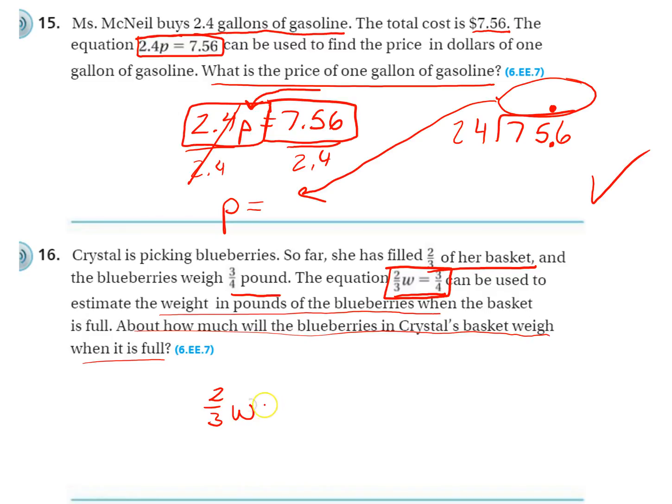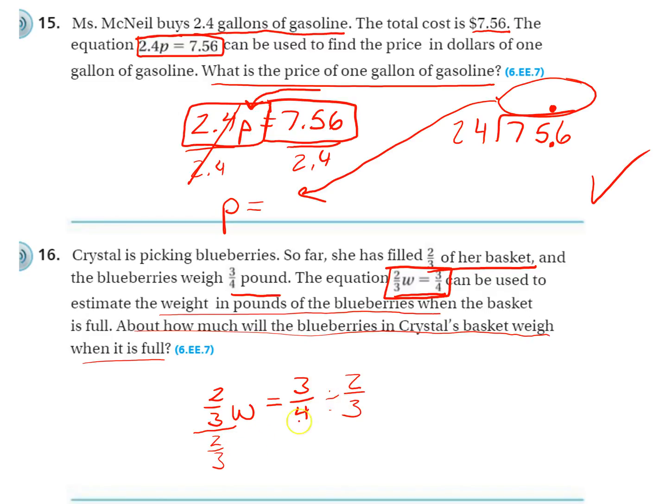2/3 times W equals 3/4. Okay. You have a number, 2/3, right next to a letter, so that means you're multiplying. So we want to do the inverse operation, which would be divide both sides by 2/3.